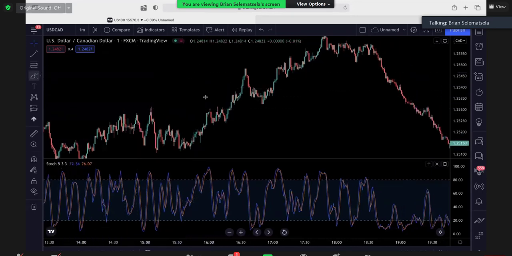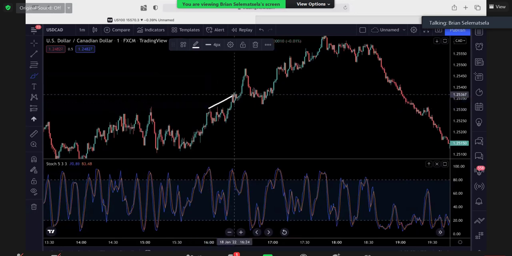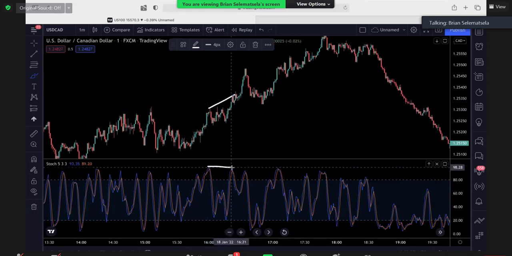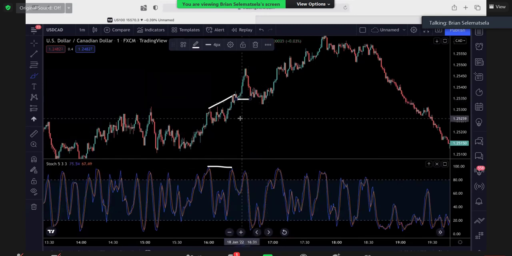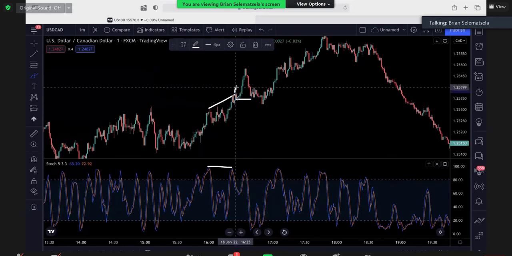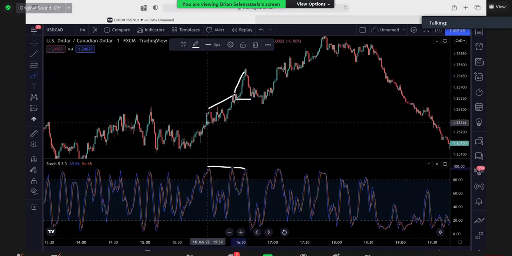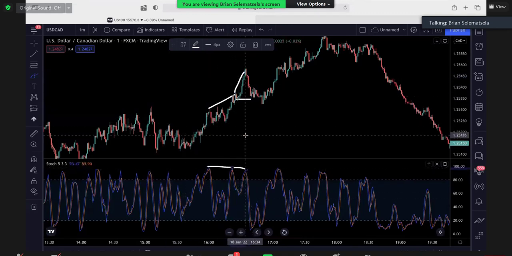Okay, I can use this one. Between this one and that one, this one and that one, I'll enter a sell thinking that the market is going up. It continues going up, going down and continues going up. Another one, the market will continue going up.